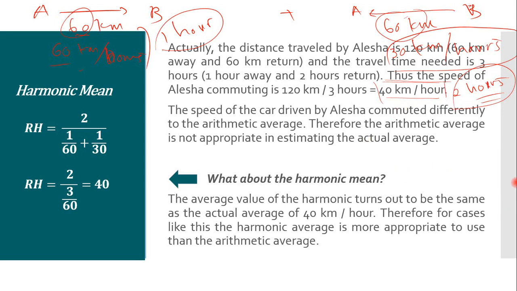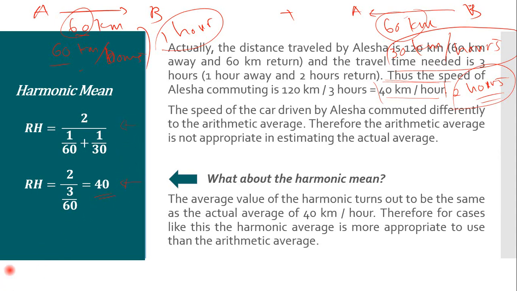So this actual average is different from the arithmetic average. Therefore, the arithmetic average is not appropriate for estimating the actual average. So, what about the harmonic mean? If we use the harmonic mean, we have to set it up like this, and we get this result.